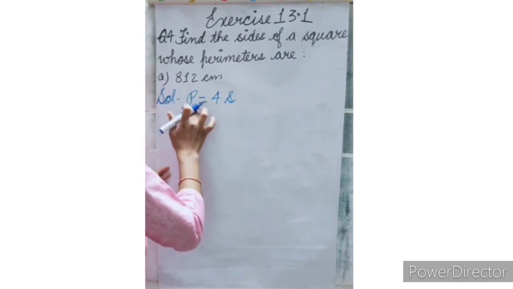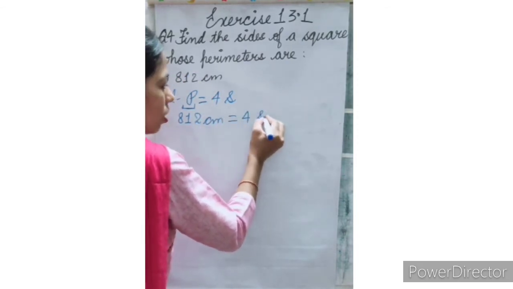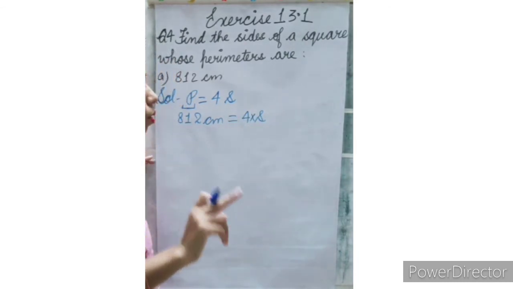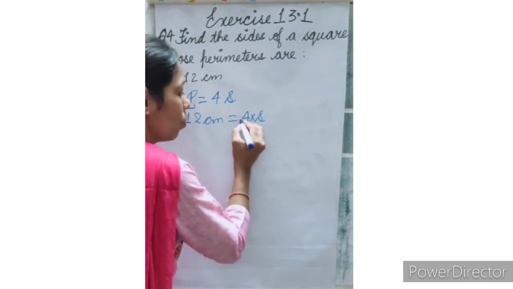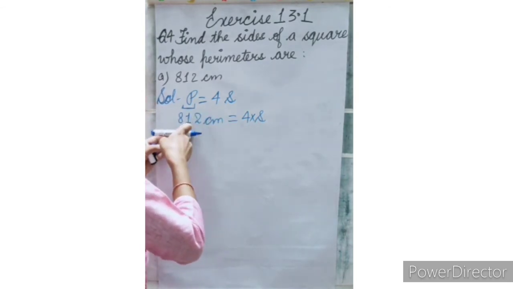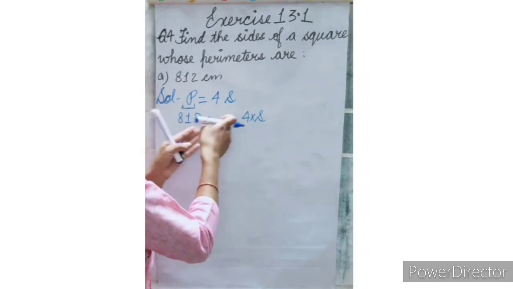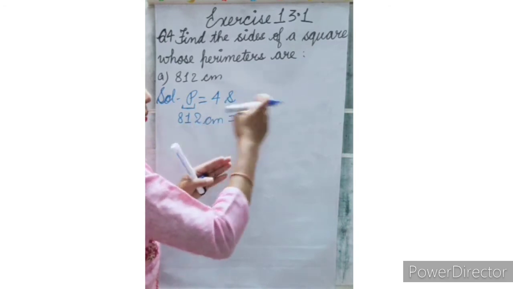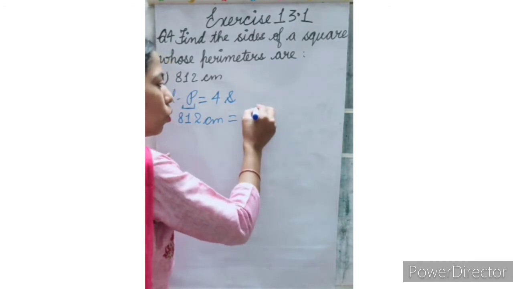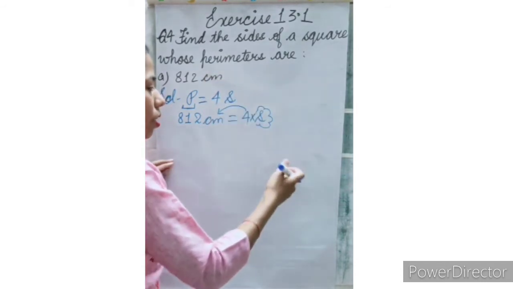So in place of this P, we can write this value 812 centimeter and next side it is 4S, 4 multiplied by S. And in fraction chapter we studied that whenever we have an equation, means if we are having a number just before equals to and something or a number just after equals to, so for finding out the unknown, we will move one thing from one side to another.